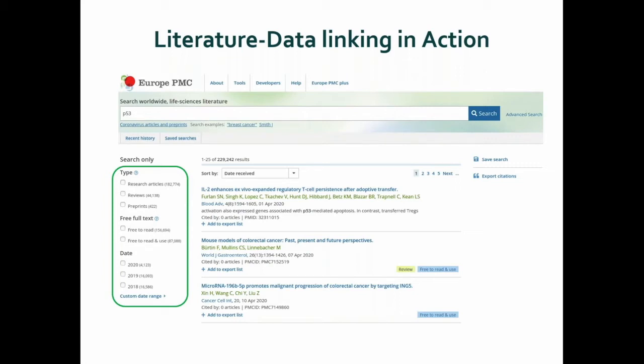And let's say you want to know all the papers that are mentioned in the INTACT database, which is also an ELIXIR core data resource. So what do we do?